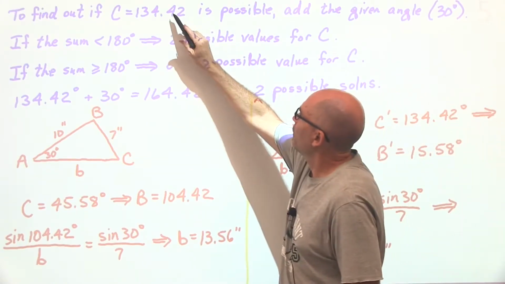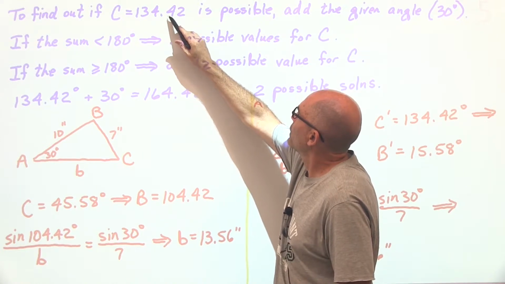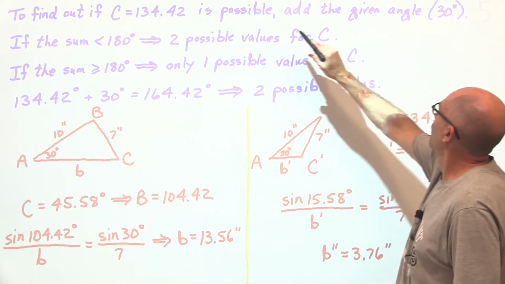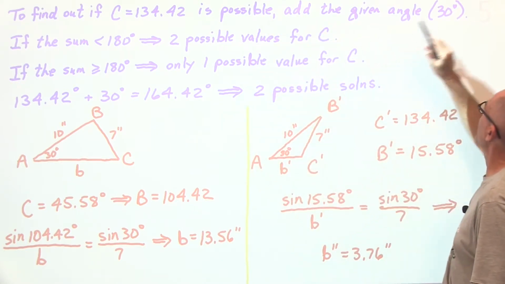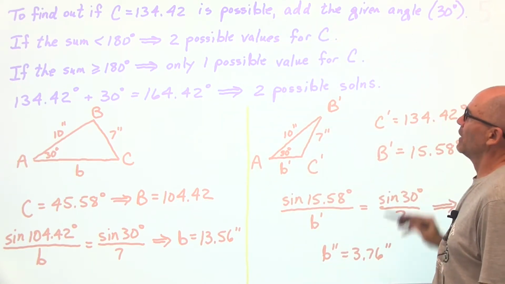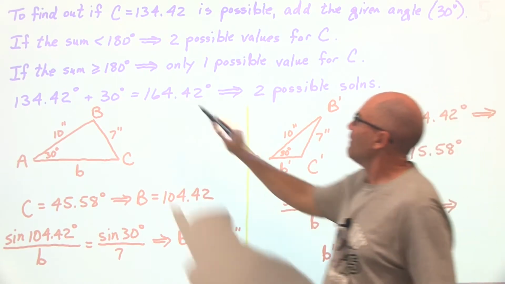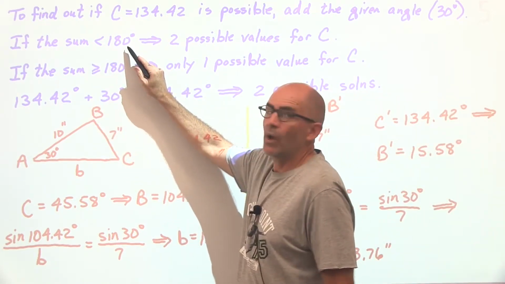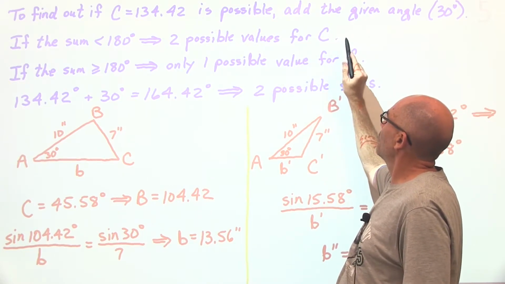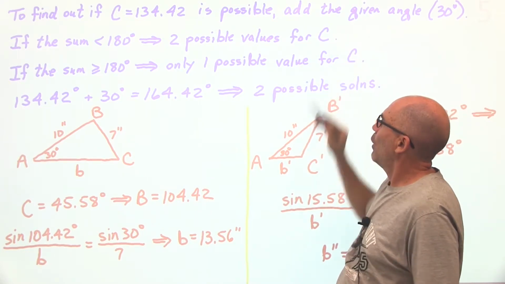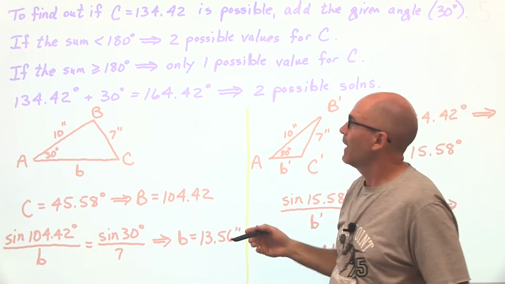To find out if 134.42 is possible, what we do is add 134.42 to the given angle 30 degrees. If the sum is less than 180, then we know two possible values for C are there.